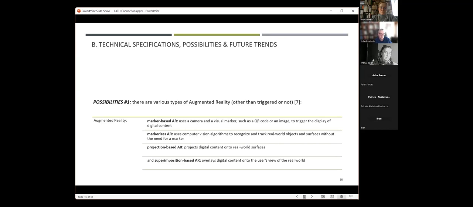The markerless AR uses computer vision and sensors. The example that we have is Google Maps when we are entering. That is also an example of projection-based AR that projects digital content in the real world. So the camera shows.